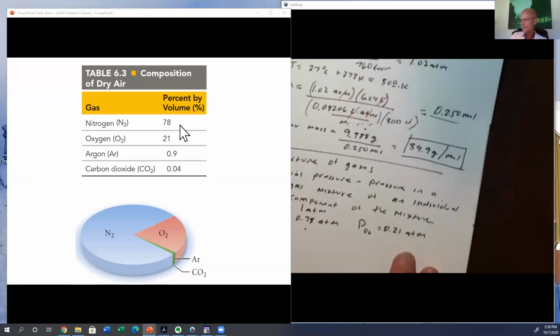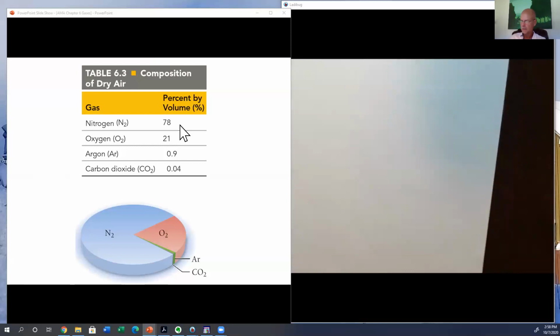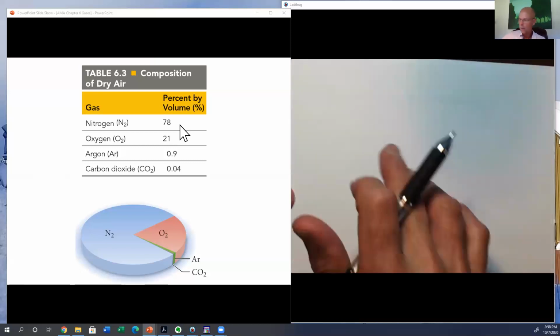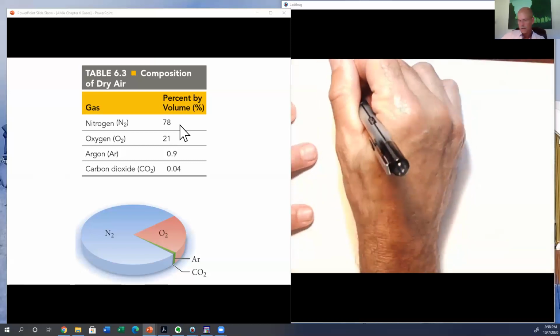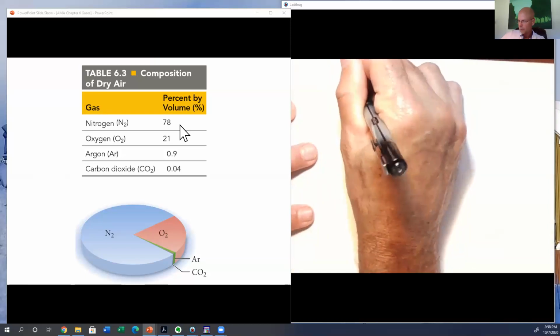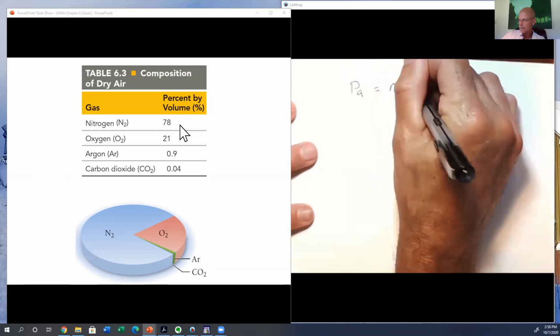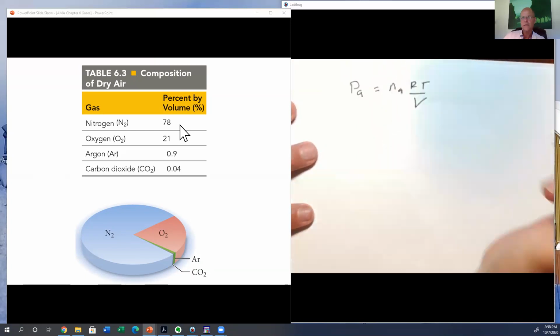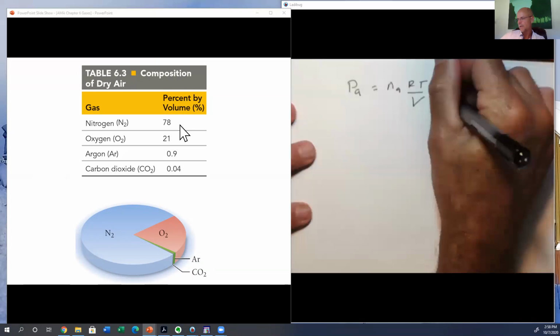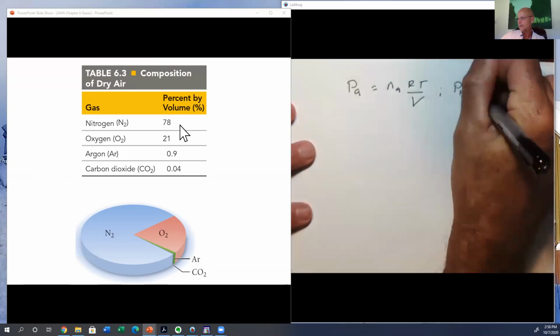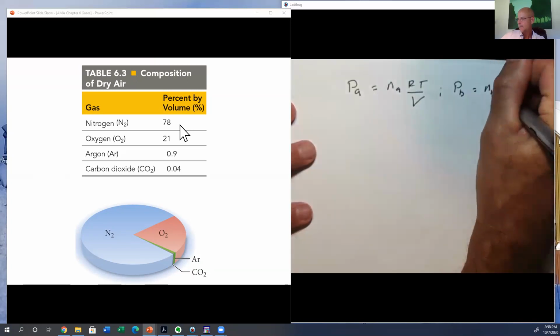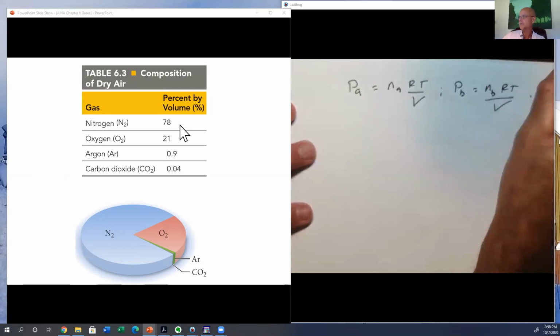Okay, let me define a couple of equations. The ideal gas law holds for any individual component. So the partial pressure of any gas A is equal to the number of moles of that gas times RT over V. The partial pressure of any other gas B is equal to nB times RT over V, and so on.